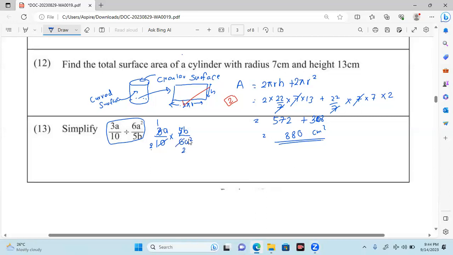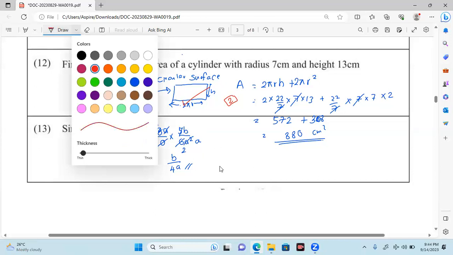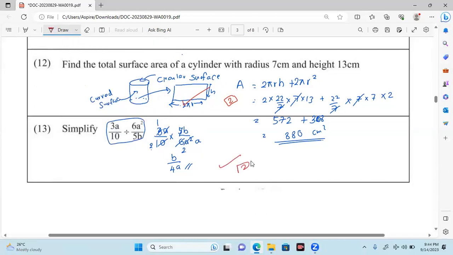So then after here a squared, no? Then a to 1a is cancelled. Then 1 into b it's b. 2 into 2, 4. 4 times a, it is 4a. Okay. Then you are given 2 marks. Have you got this answer? Yes. Okay.